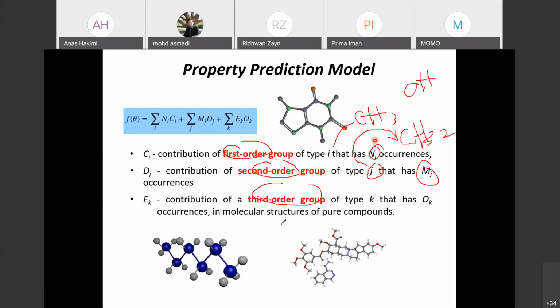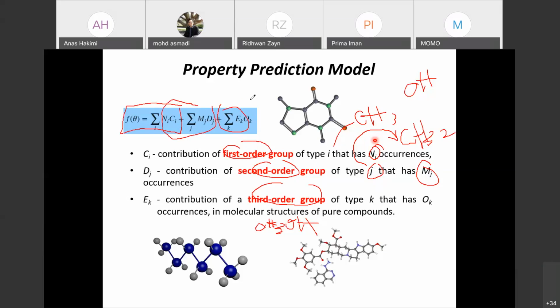For example, if you have a linear or monofunctional molecule like CH3OH, you can use the equation only until the first-order group. It's not necessary to use second order or third order. It's like a Taylor series.